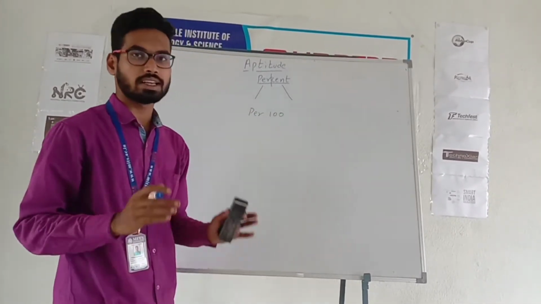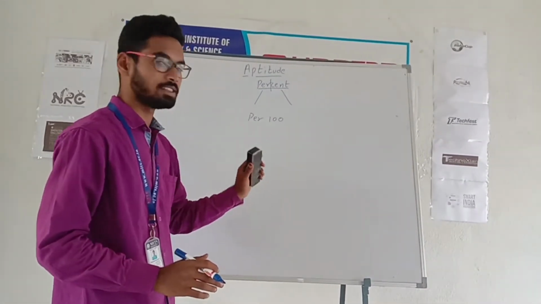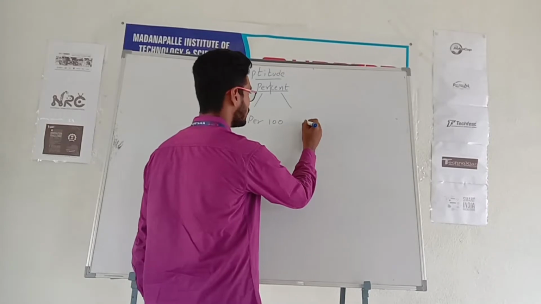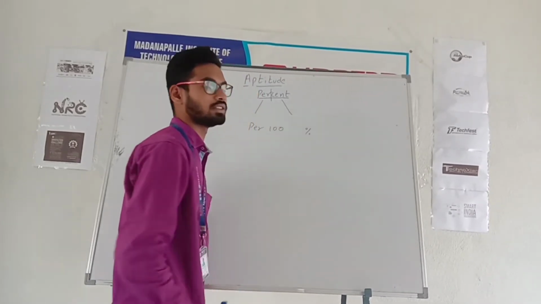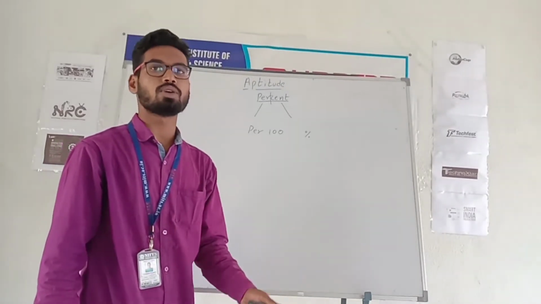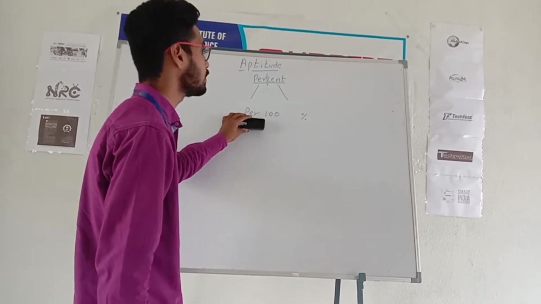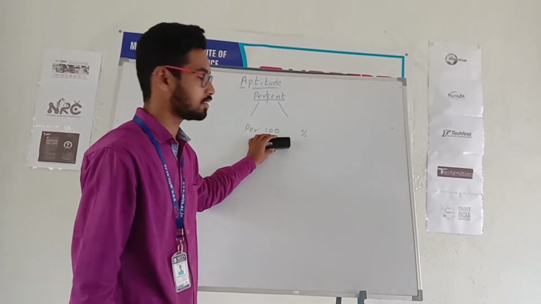We calculate the value per 100 using a symbol. The percentage symbol is the same as the modulus symbol, which we use in programming languages. Here this symbol means per 100.